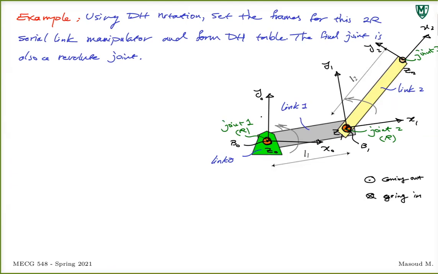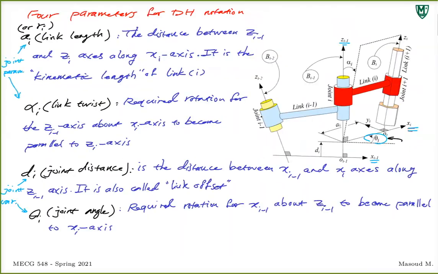Now let's get to identifying the parameters. What parameters? Go back to the definitions. We want to identify these four because we want to form that table: a_i, alpha_i, d_i, theta_i. Let's start with a_i. a_i is the distance between z_{i-1} and z_i along x_i.